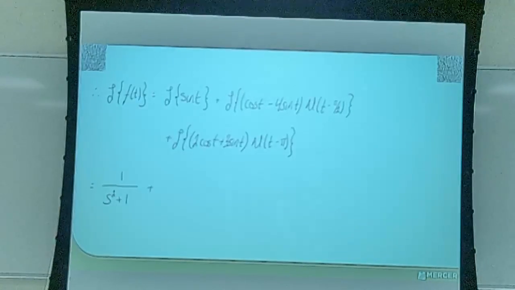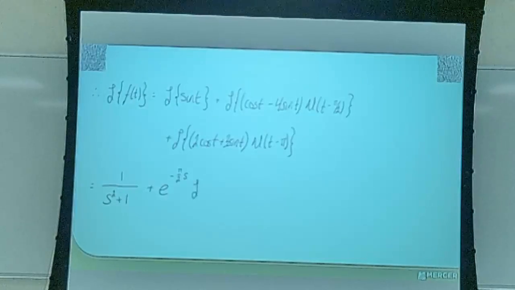In that second transform, what is tau? Negative pi over 2. Not negative. Just positive. Remember, it's t minus tau for the step function. Oh, yeah, yes.